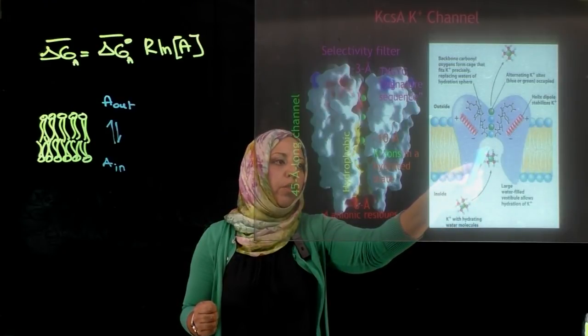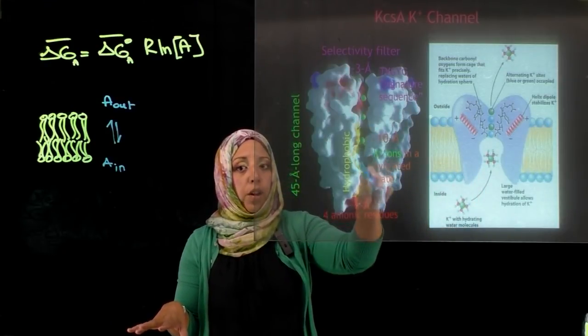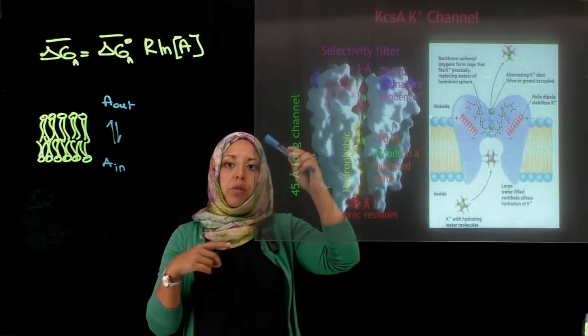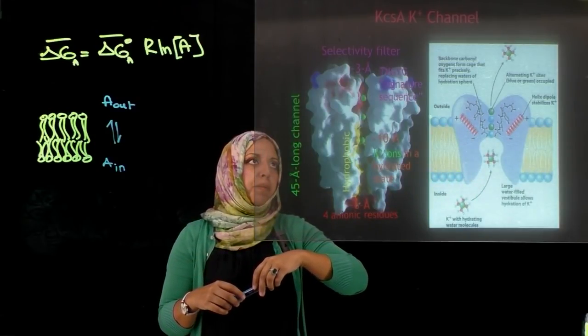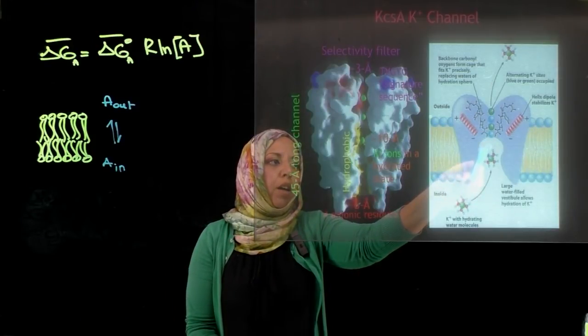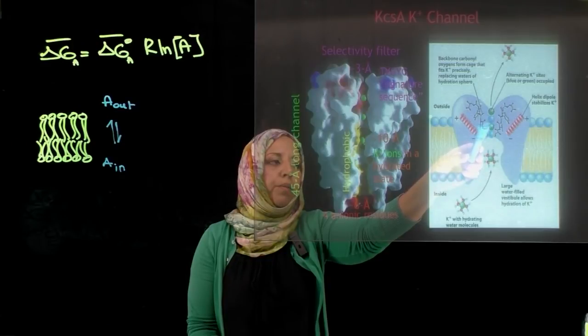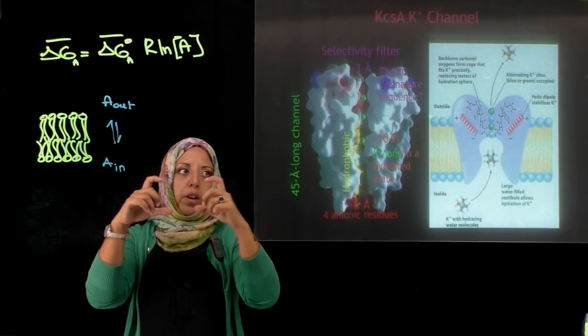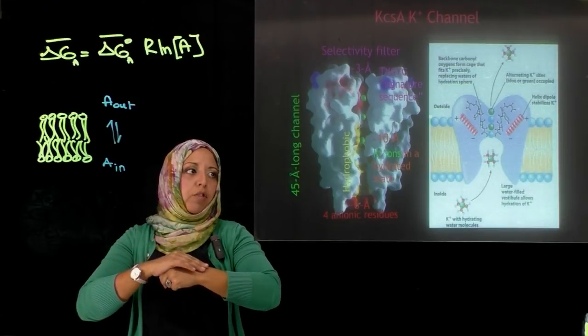It goes through, and then as it sheds its water of hydration, what stabilizes it and causes it to move across that protein channel is that the potassium ions will be held in lieu of the water by the backbone carbonyl oxygens.